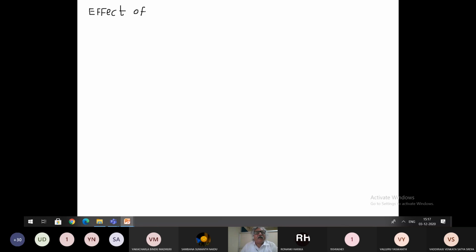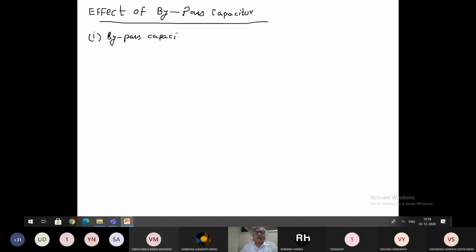Effect of bypass capacitor. The bypass capacitor is your CE, connected in parallel to RE.